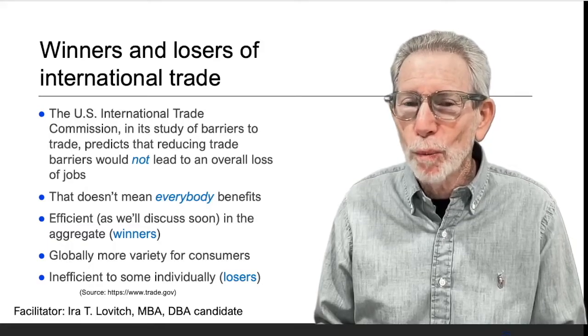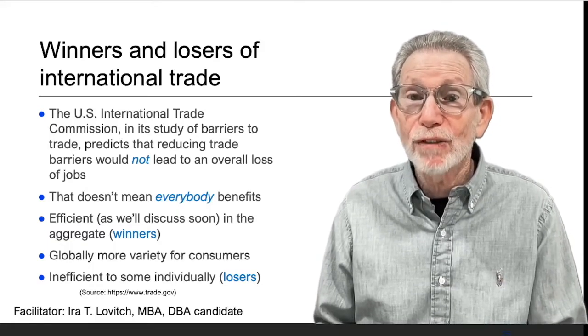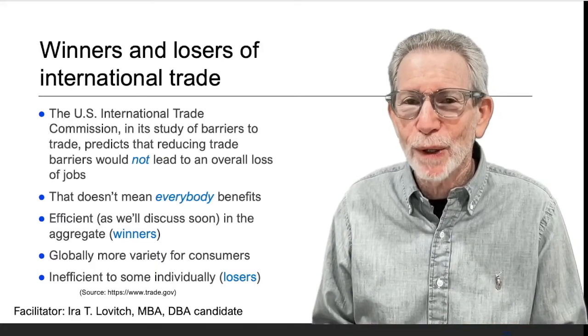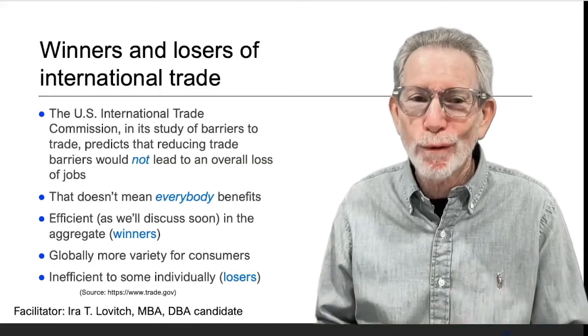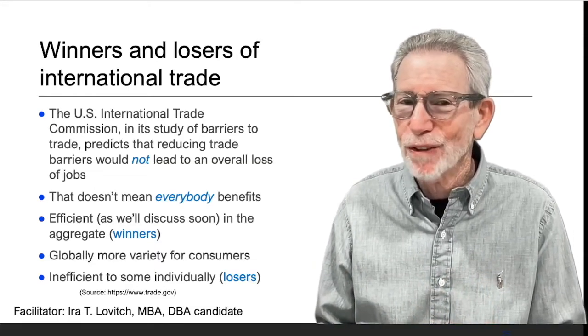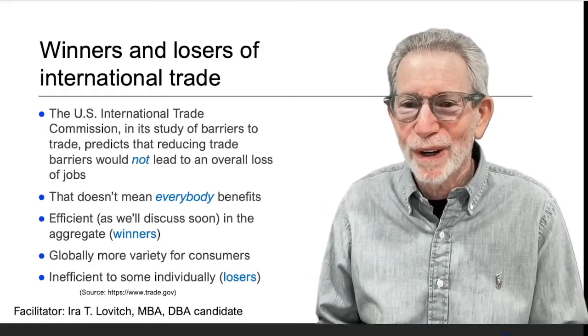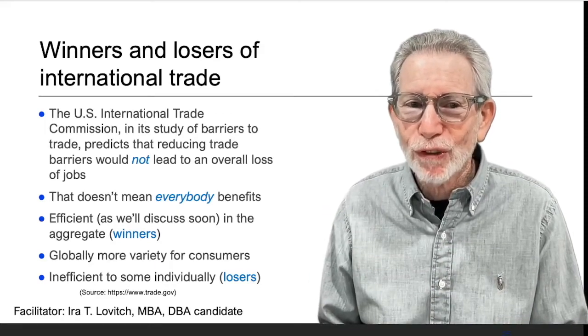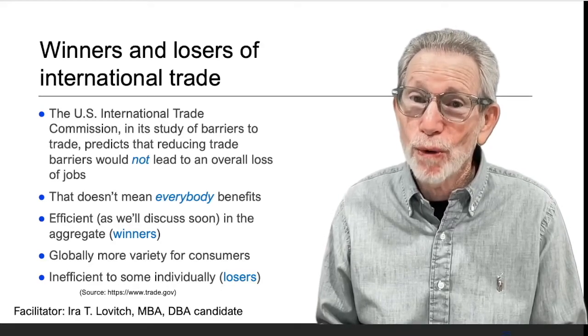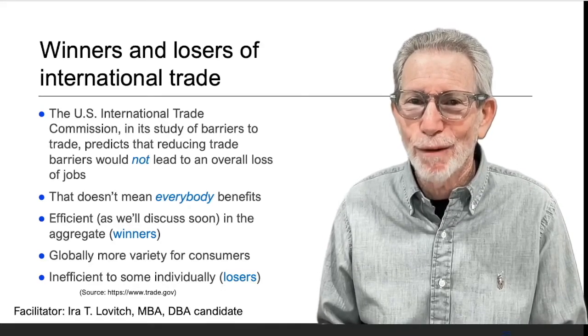So yes, globally, international trade means much more variety. As we noticed in the example with Saudi Arabia, more corn, more food. But it's inefficient, unfortunately. As I mentioned, not everybody is a winner. It's unfortunate that for some people, they are going to be the losers. And for those people, well, it's not efficient.